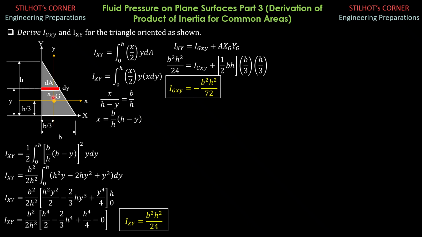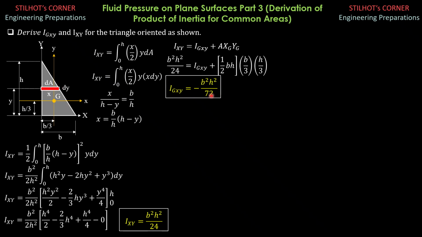The main reason for that is if we draw the centroidal x and centroidal y axes, the bigger area lies in the second and fourth quadrants, where in the second x is negative, y is positive, and in the fourth quadrant x is positive and y is negative. So the product of xy is always negative. dA is always positive because that represents an area.